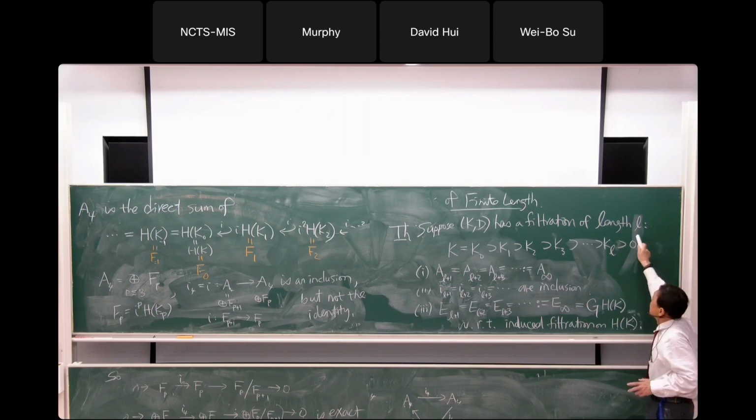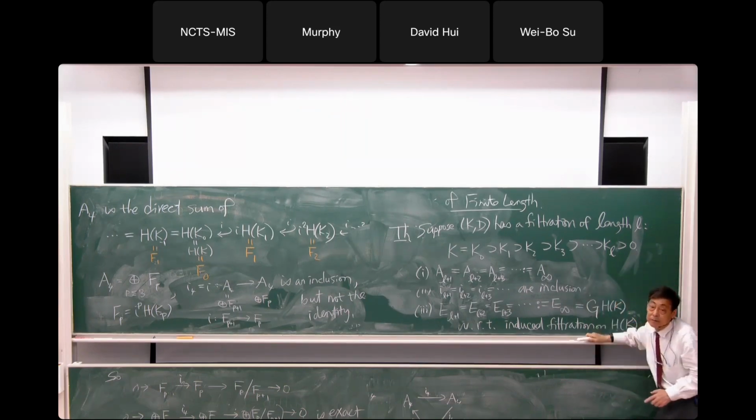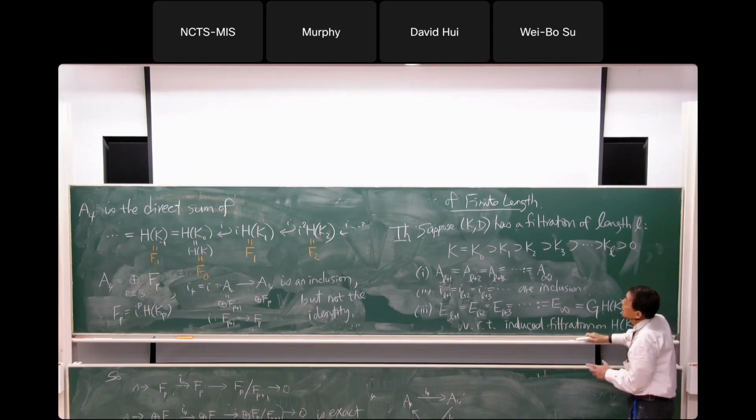Okay, now there's one problem here. This is actually a very severe restriction that you have a filtration of finite length. So next time we'll talk about a similar theorem, but for filtration of infinite length.